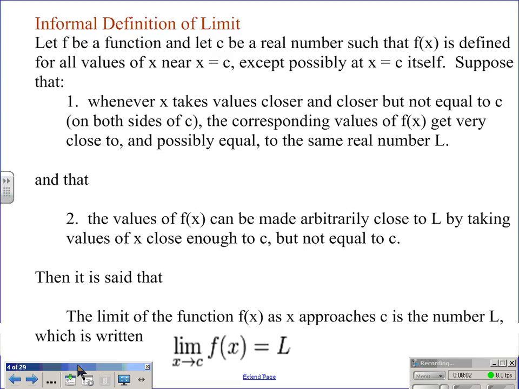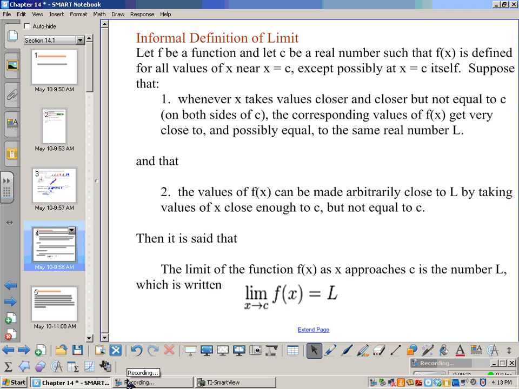Both as x was approaching 2 from the smaller side and going up, it was approaching the number 4. And as x was coming down from the greater side and approaching 2, it was also approaching 4. So let's just go back and take a look at that for a second so that you understand.